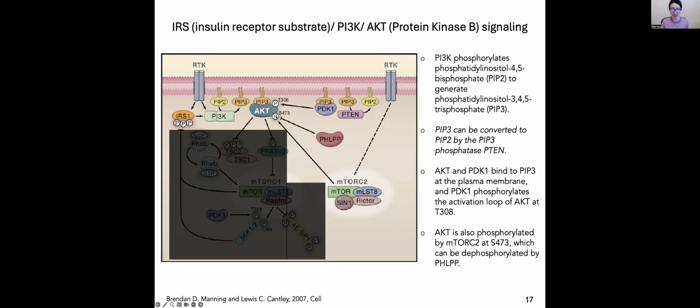So AKT is going to be phosphorylated at two sites by two different proteins. One is PDK1, phosphorylating threonine 308, and mTORC2 is going to phosphorylate serine 473. All right, what's next?